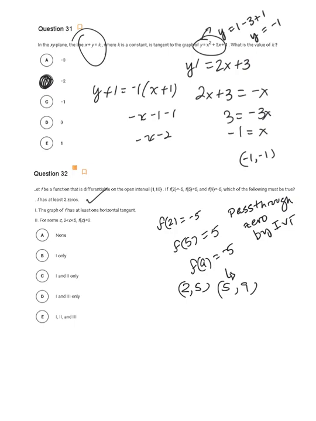Well, what would make something have a horizontal tangent? If you use mean value theorem, the average rate of change has to equal the instantaneous rate of change. Well, 2 and 9 are on this interval 1 to 10, so the slope of that secant line is 0. So the mean value theorem guarantees that there's at least one horizontal tangent.